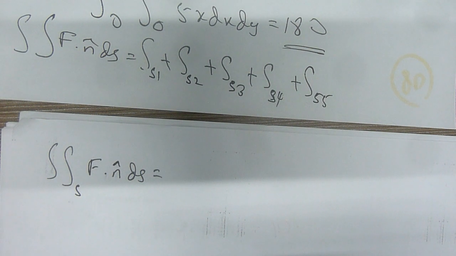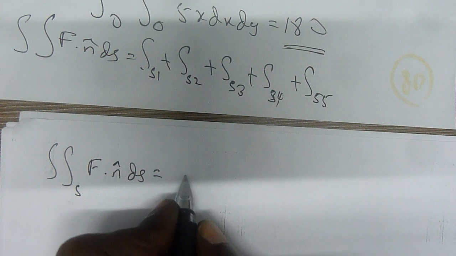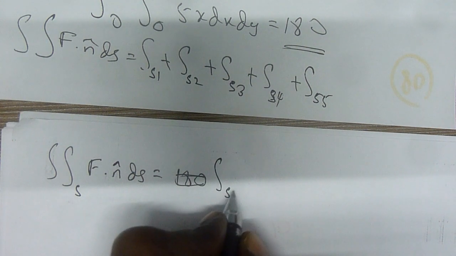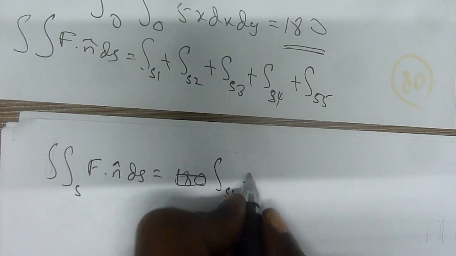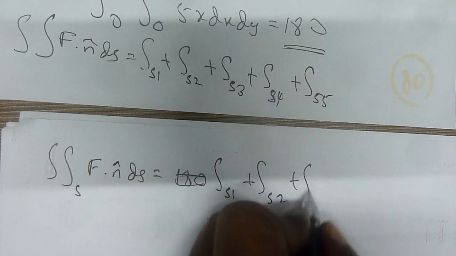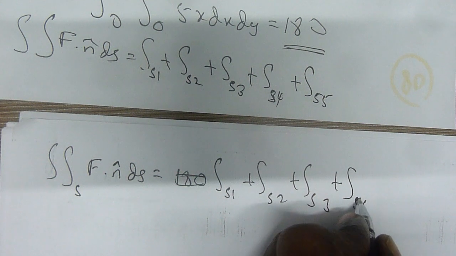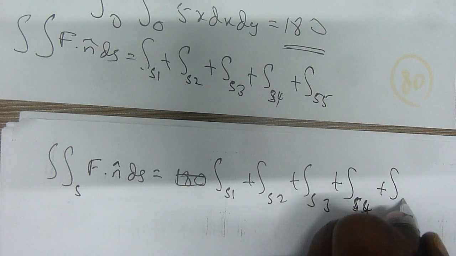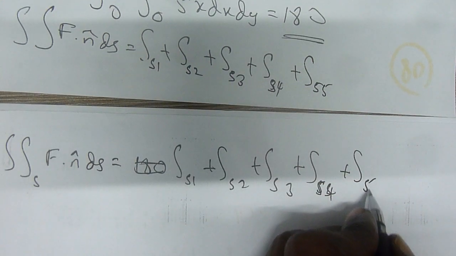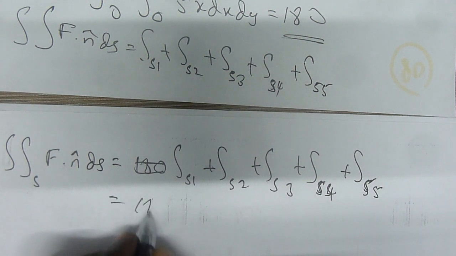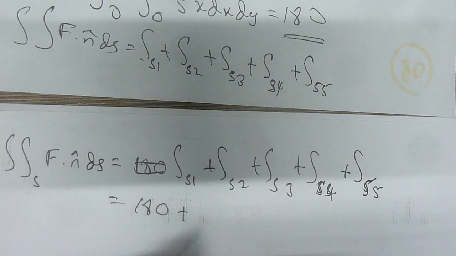The first one is S2. S1 is 180. S2 plus S3 plus S4 plus S5. The first one is 180 already. S2 is 36.